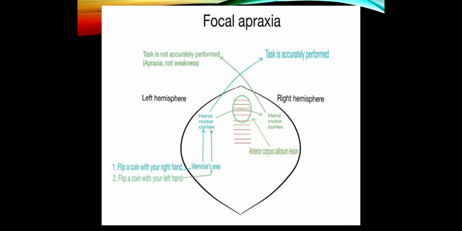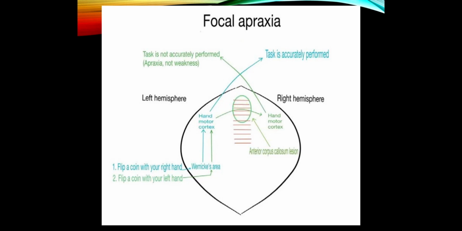And so in an apraxia, the patient has a hard time doing something, but it's not because their hand is weak or paralyzed or because they can't feel their hand or because they can't see. The problem is either destruction of the motor program or the brain can't access the motor program, which is the case here with a lesion of the anterior portion of the corpus callosum.